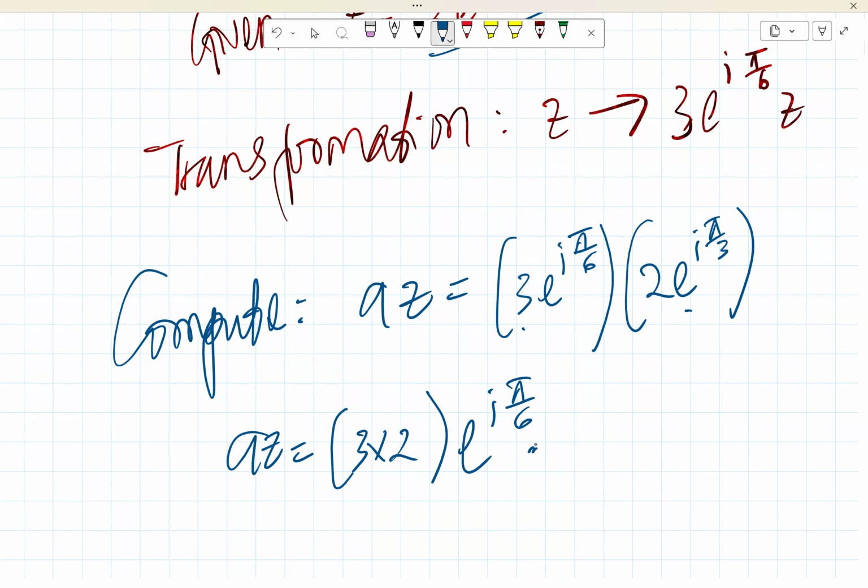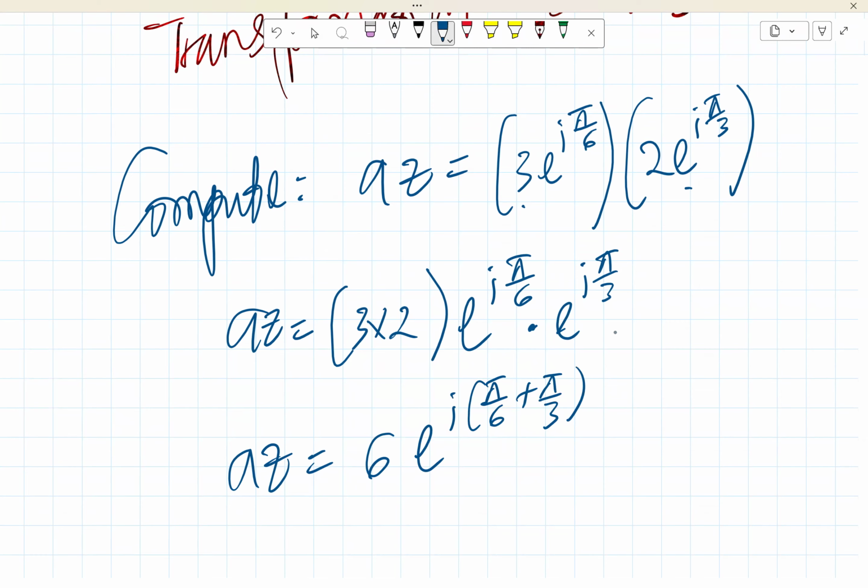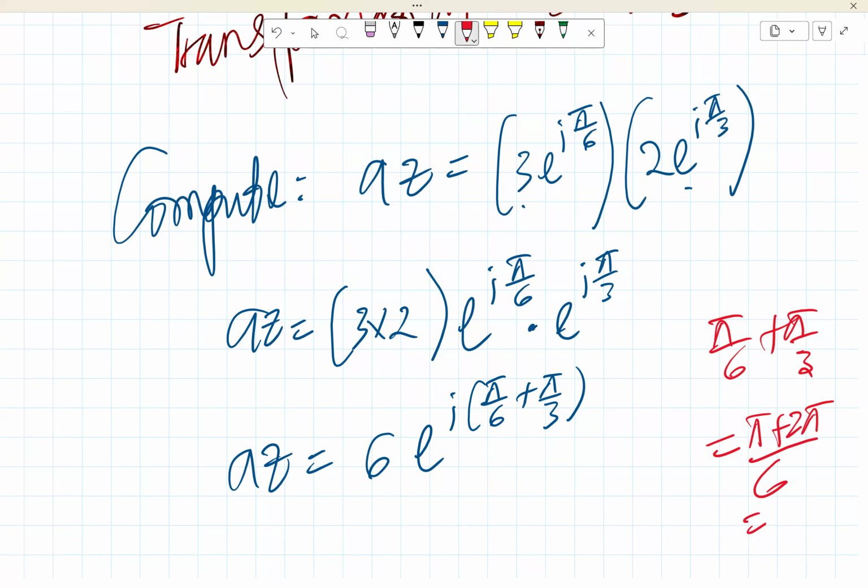And from the law of indices, AZ is of course 6e^(i(π/6 + π/3)). So π/6 plus π/3. LCM is 6. 6 and 6, 1, 1 times π plus 3 and 6, 2 times π, 2π. That is 3π over 6. That is π over 2. So we have this to be π over 2.